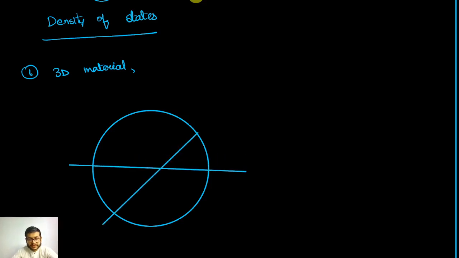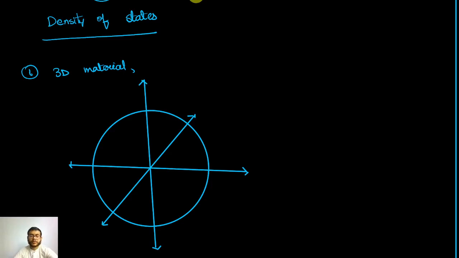So these are the axes, this is the origin, and this is the k space, not the real space, but the momentum space. These are the kx, ky, and kz axes, and this is a Fermi sphere.